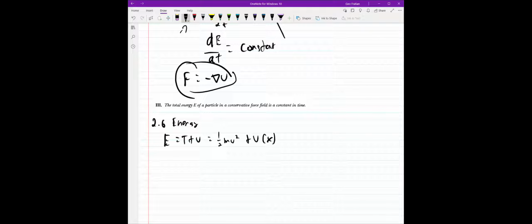So our velocity is dx/dt, which is equal to plus or minus the square root of 2 over m times E minus U of x.